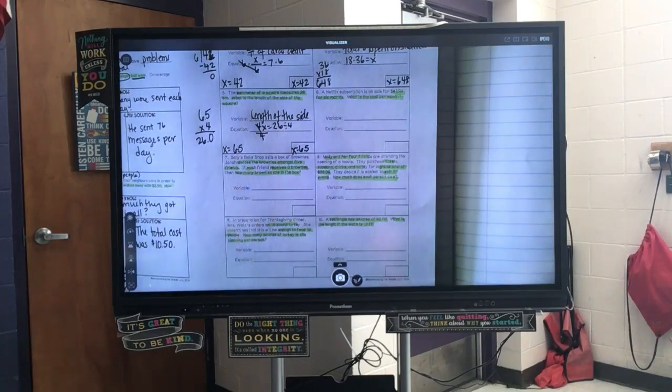Each person pays. It's 4 times 50. It's 55.